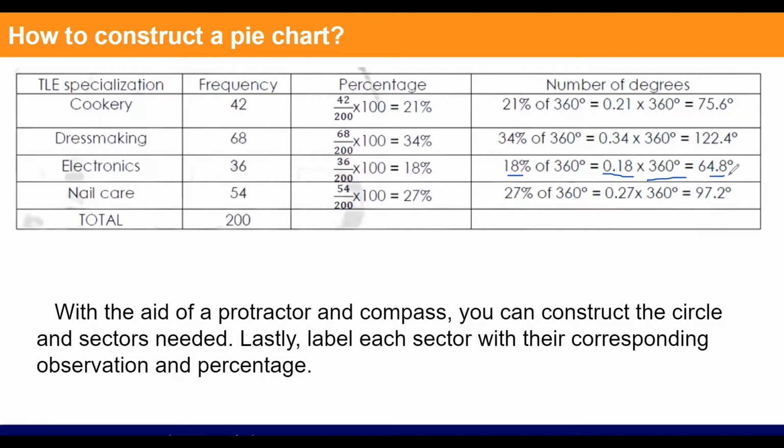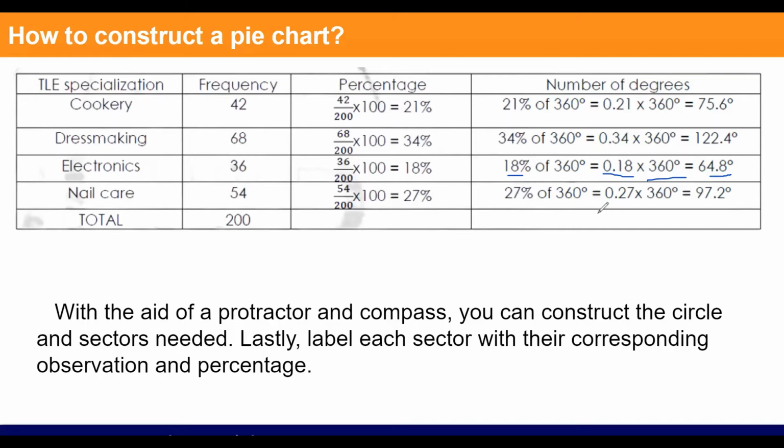So we have 64 and 8 tenths degrees. Next, for nail care, 54. 54 divided by 200 times 100 is equal to 27%.